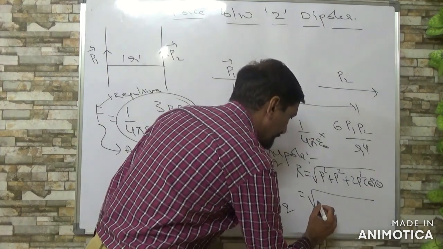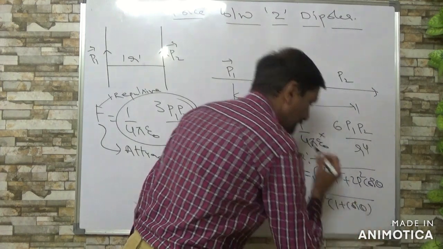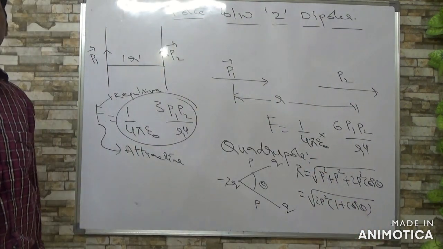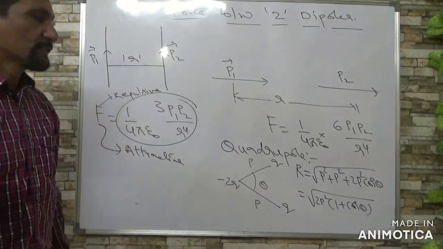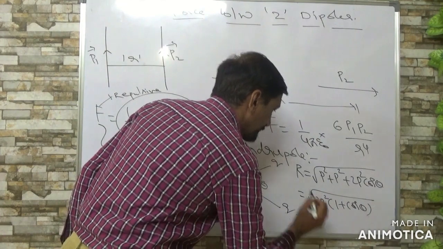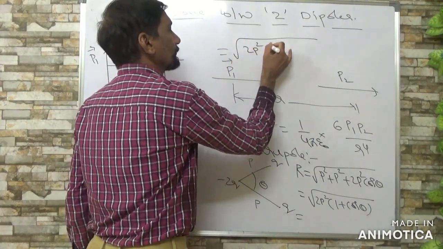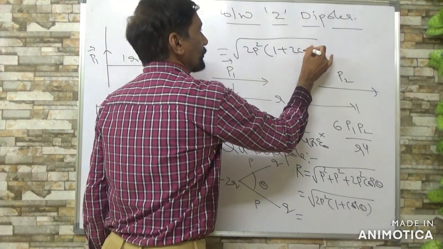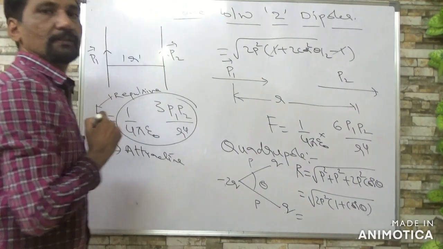So you can take 2p square common, 2p square of 1 plus cos theta, right? So 1 plus cos theta you can write as 2 cos square theta by 2, minus 1 cancelled, right?